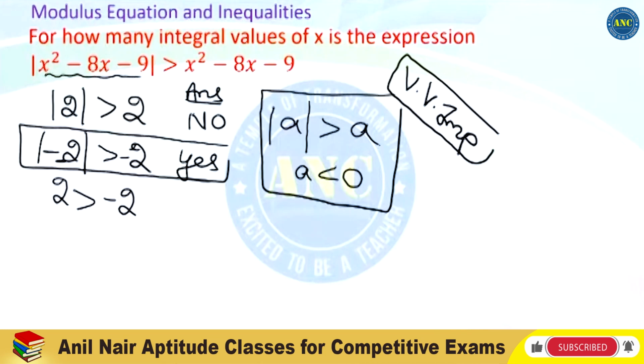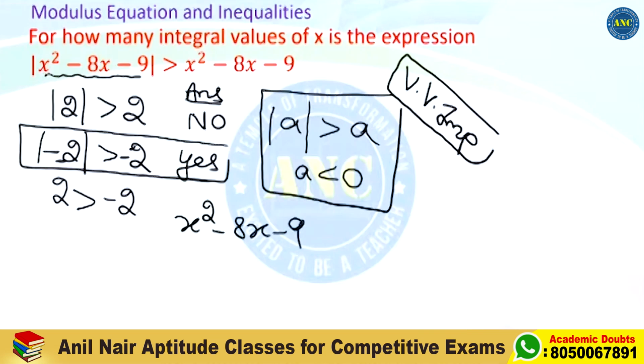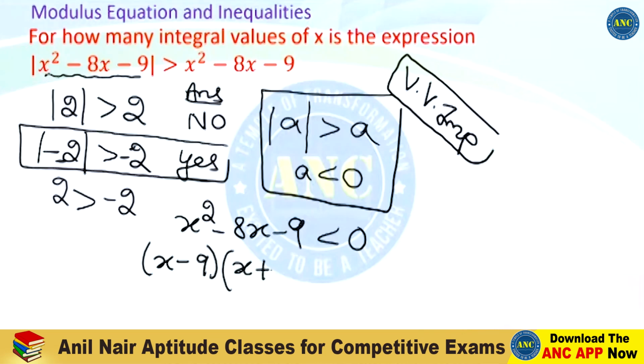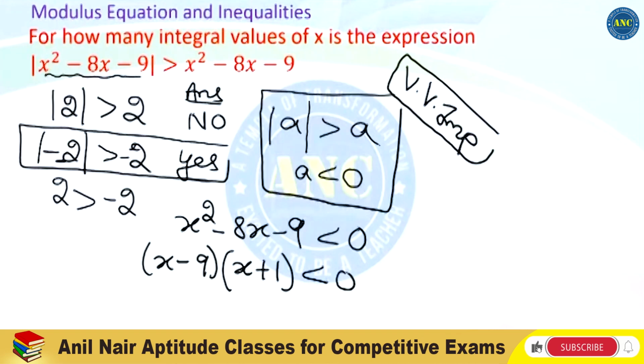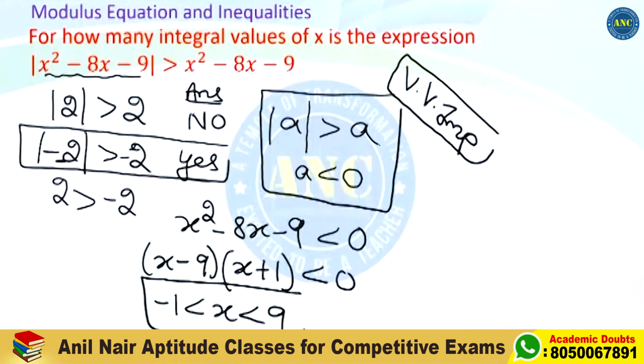If I take it as a, mod a greater than a, then the conclusion is x square minus 8x minus 9 less than 0. Factorizing, it is x minus 9 and x plus 1, less than 0. If it is less than 0, it always lies between the roots: minus 1 less than x less than 9.